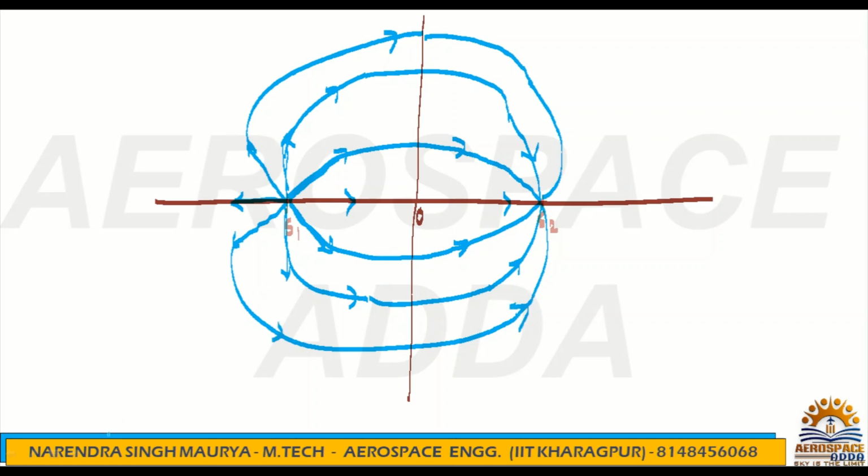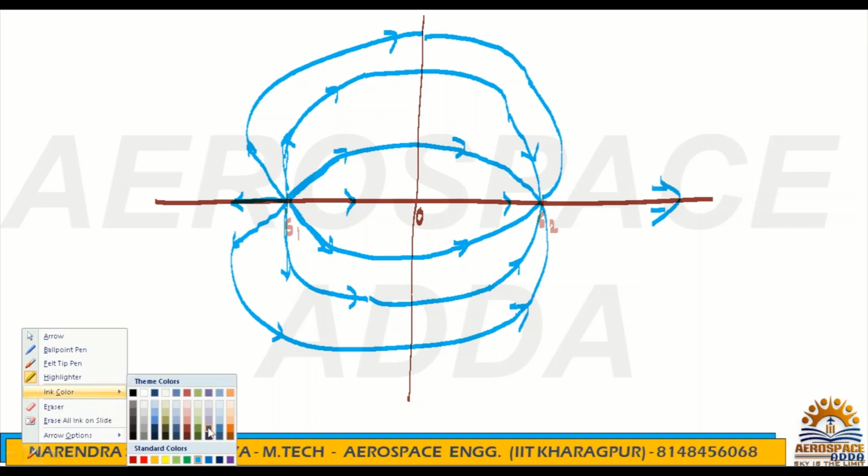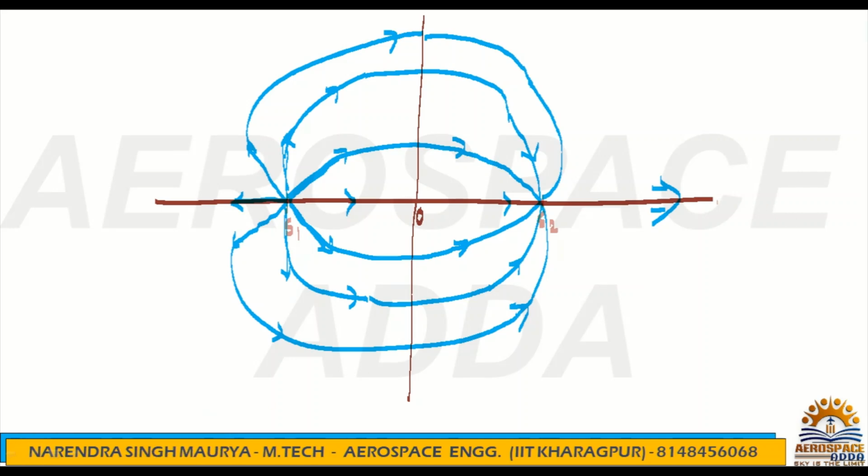Actually, you will get one kind of pattern, and I must say the pattern is something like this. In short, I can show you here. If it is a source and sink pair, it will be like this.